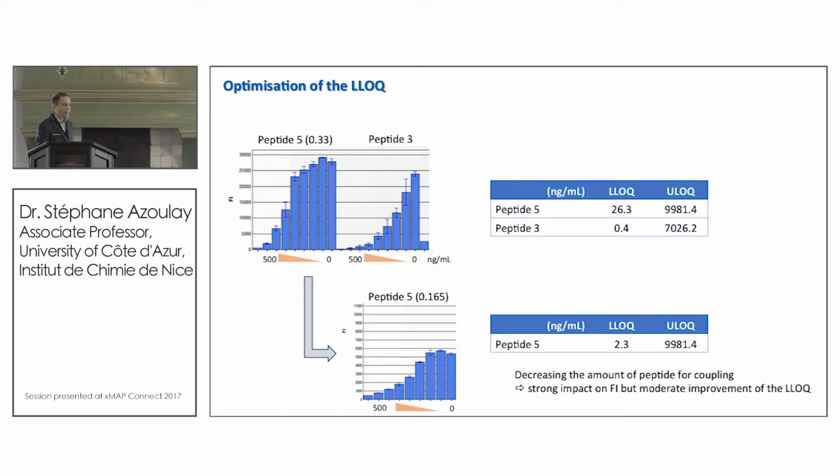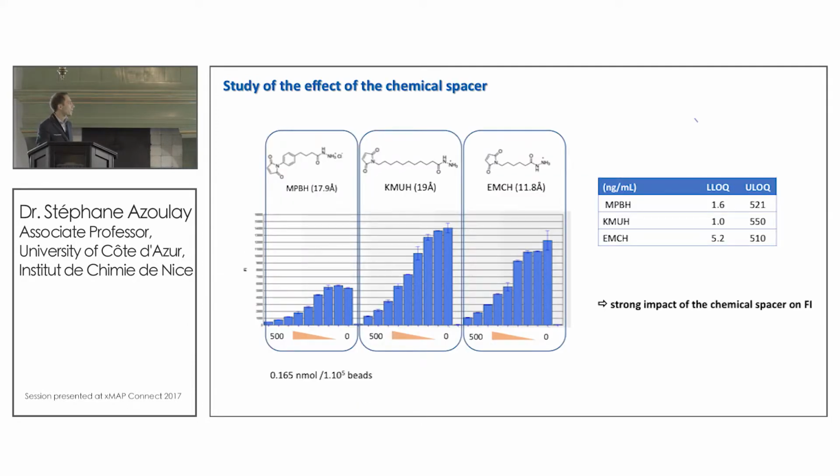So we came back to optimization, and we tried several chemical spacers to see if we can improve that. We tested several chemical spacers available on the market. It is recommended to use the MPBH spacer, but you can also find one with a longer arm and without this aromatic residue, or a smaller one.